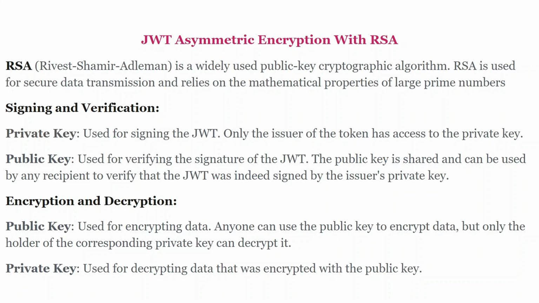RSA is a widely used public key cryptographic algorithm. In terms of signing and verification, the private key is used for signing the JWT, and the public key is used for verifying the signature of the JWT, whether it is valid or not. In terms of encryption and decryption, the public key is used for encrypting the data, and only the associated private key will be used to decrypt the data.